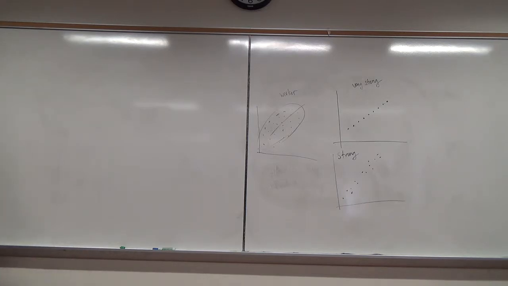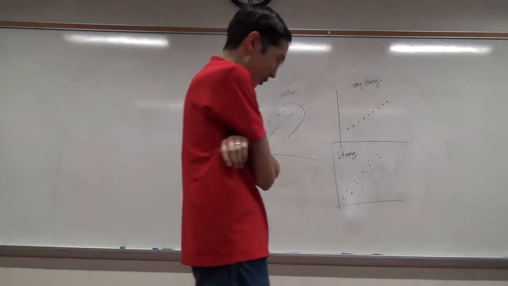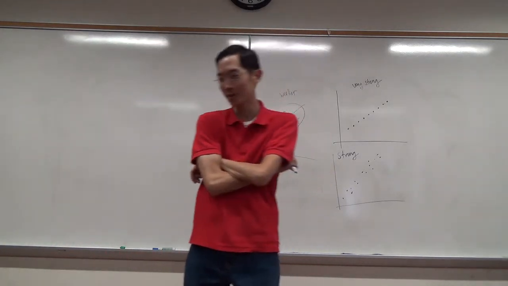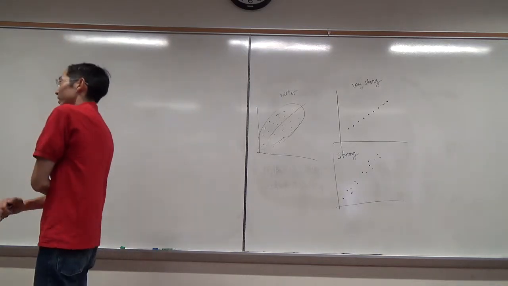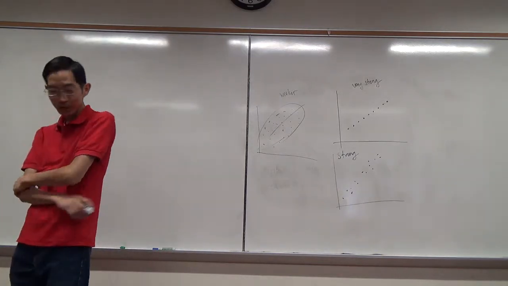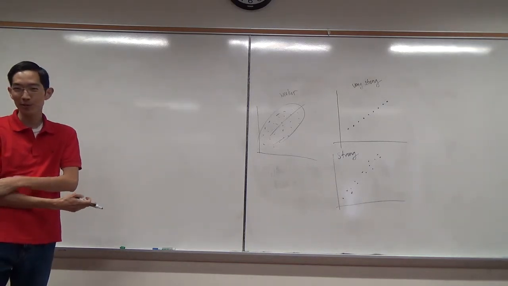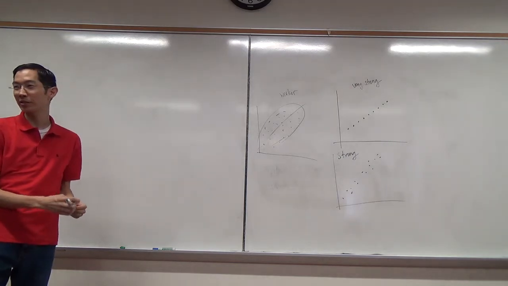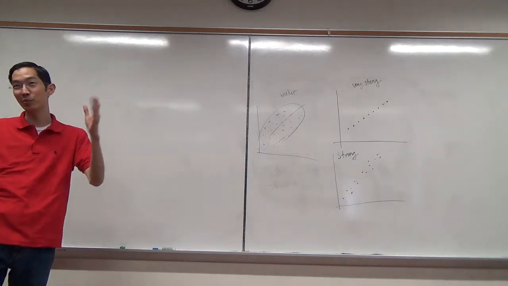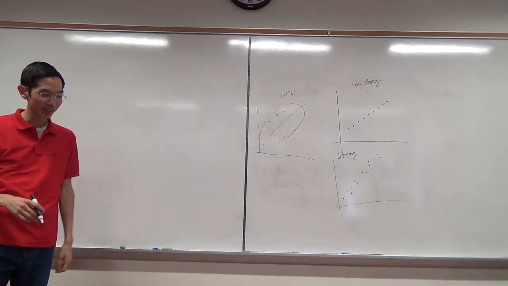Okay, so we've got strong relationships and weak relationships, positive relationships, negative ones. In the previous chapters, we learned about summary statistics, such as the range and the IQR and the standard deviation to give us an idea of spread. We learned about the mean and the median to give you an idea about the center.